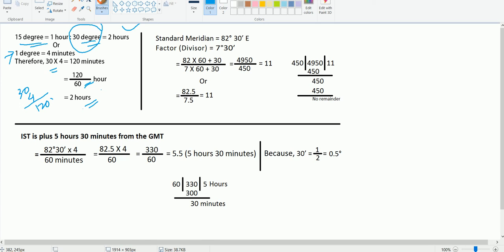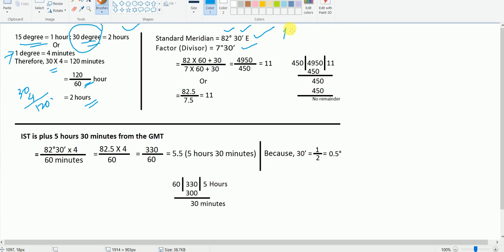And about the selection of the standard meridian, this is the standard meridian of India, 82 degree 30 minute east, and this is the factor. So let us check it. We have to convert these degrees into minutes, because we need to equalize the units.